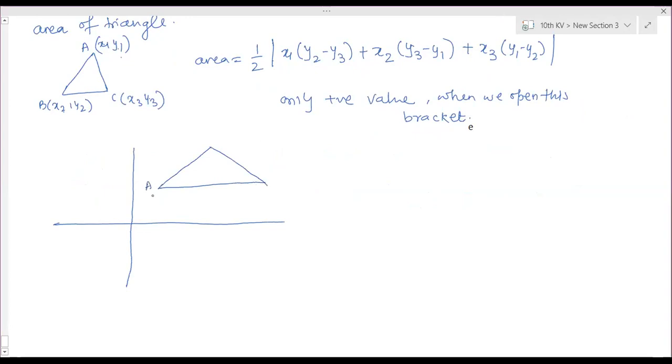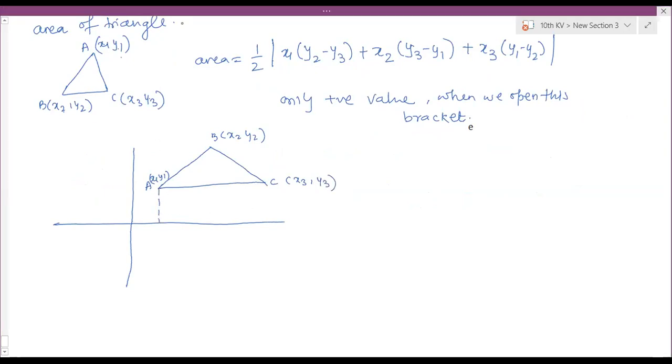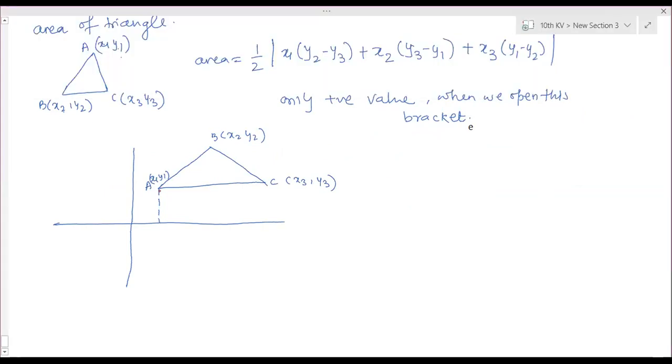This is A, (x1, y1). This is B, (x2, y2). And this is C, (x3, y3). Now where is x1? Here. These are all perpendiculars.